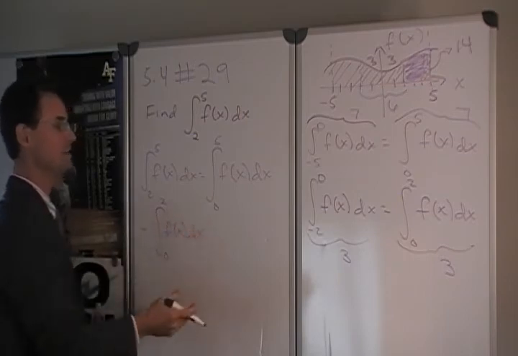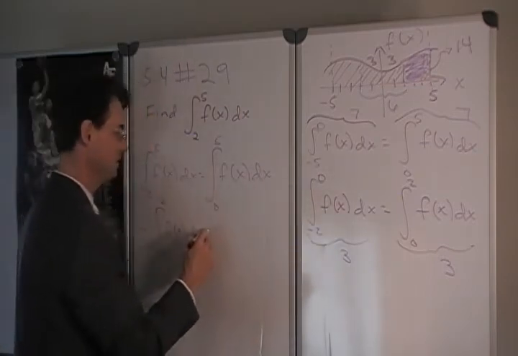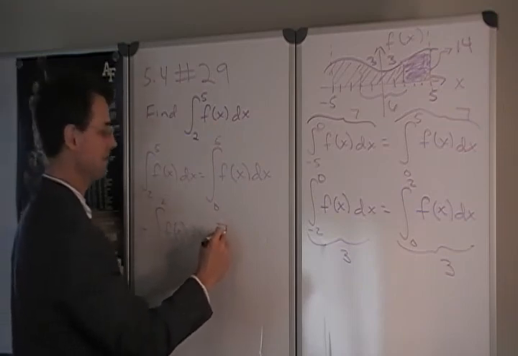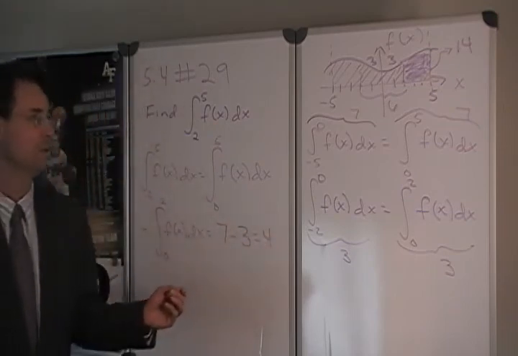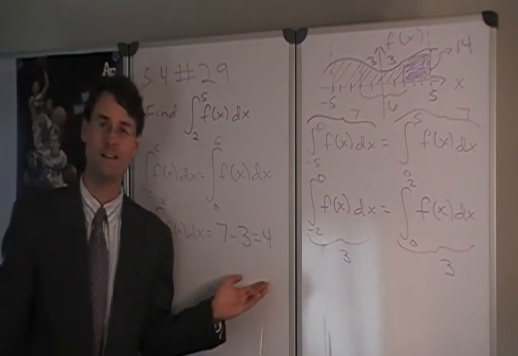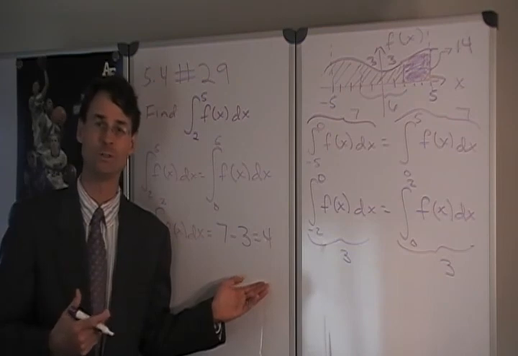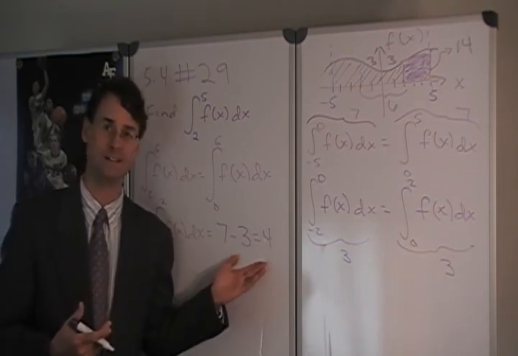Because all of the areas add up to the total, so it's going to be 7 minus 3, which is equal to 4. So by drawing a good picture and by thinking about the integrals in terms of their component parts, we're able to determine the answer.